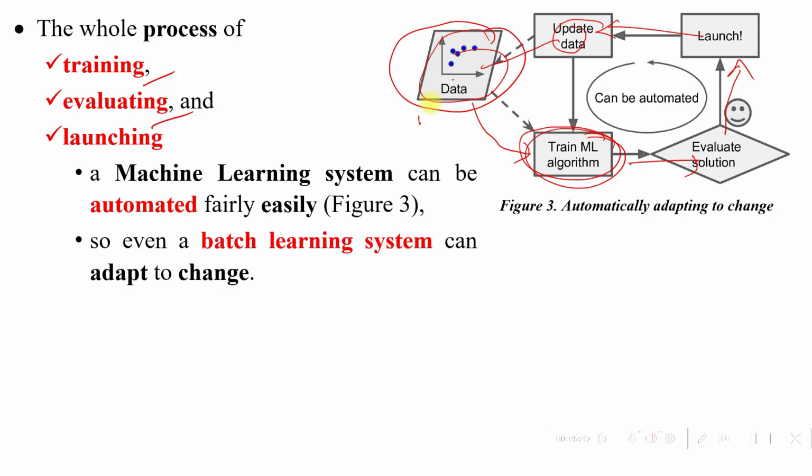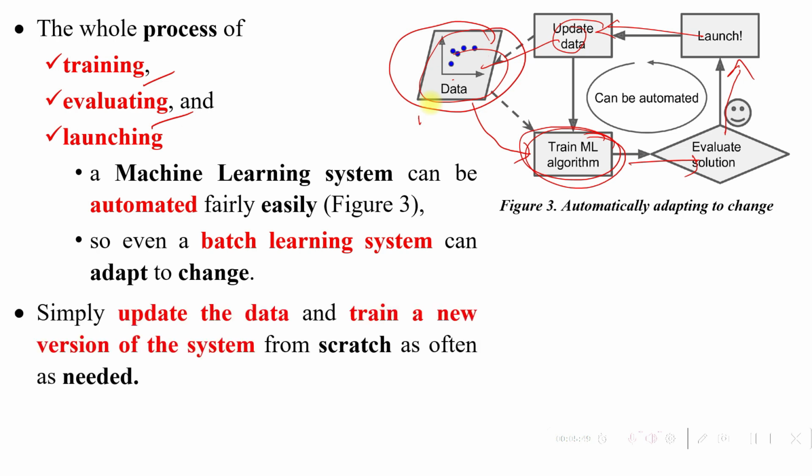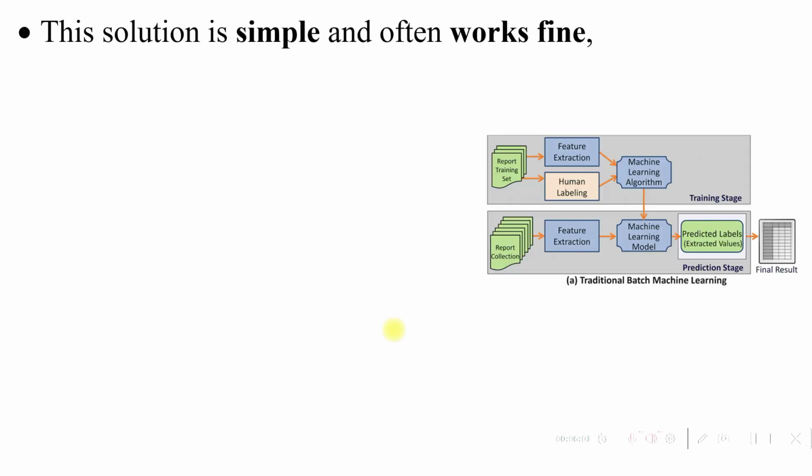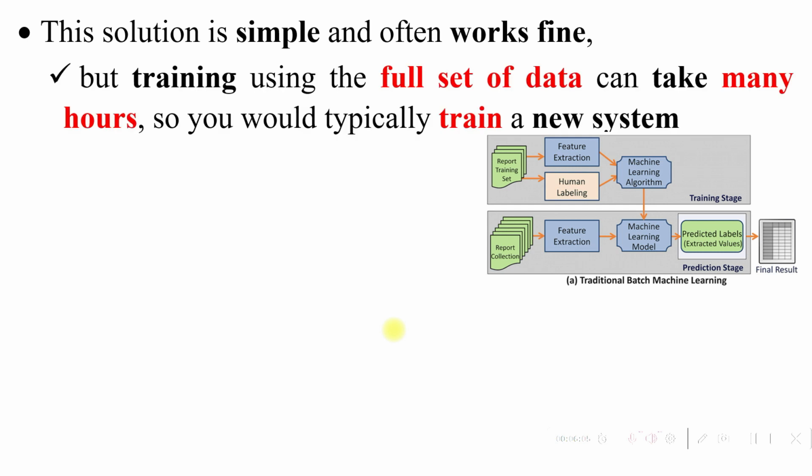So even a batch learning system can adapt to change. Simply update the data and train a new version of the system from scratch as often as needed. This solution is simple and often works fine, but training using the full set of data can take many hours.